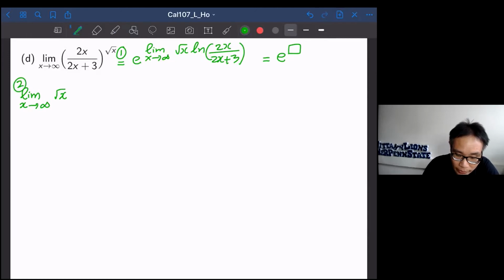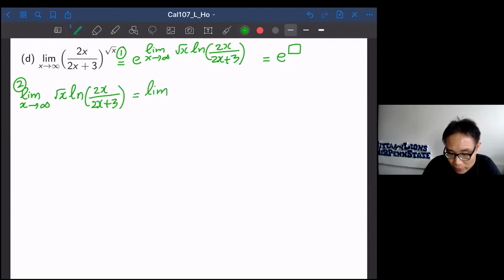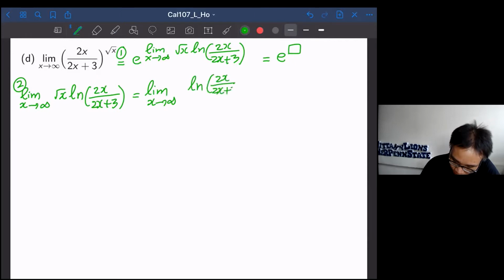So it's going to be root x and log of 2x over 2x plus 3. So this will be limit x goes to infinity of log of 2x over 2x plus 3, over 1 over root x.